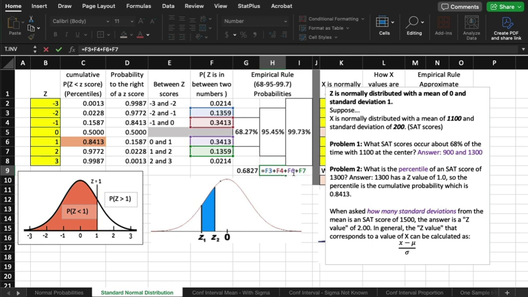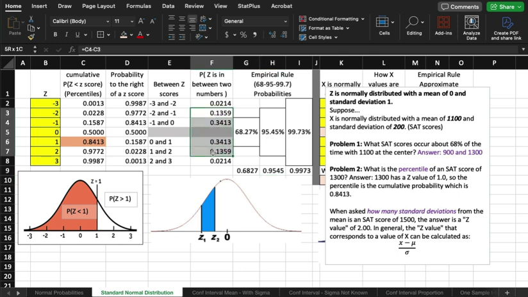You get 0.9545, which is 95.45% of the time. So 95.45% of all outcomes will be within two standard deviations of the mean.